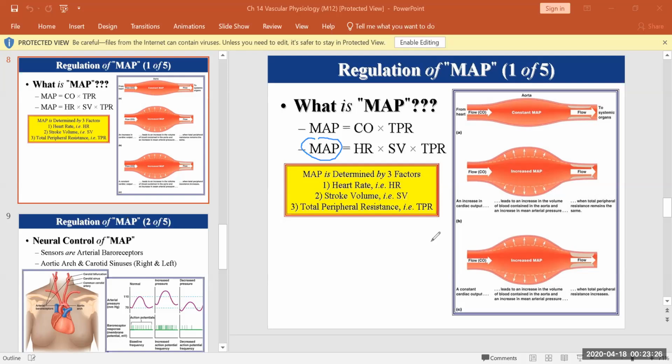When it comes out of the aorta, it's around 120 millimeters of mercury. But when it comes back to the superior and inferior vena cava, it's exactly 0. So MAP drives blood through the vascular bed. If you can come up with the next question on your own before I say it, you've understood a lot. The follow-up question is, then what drives blood through the heart?